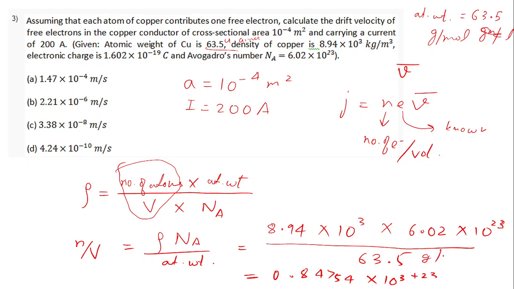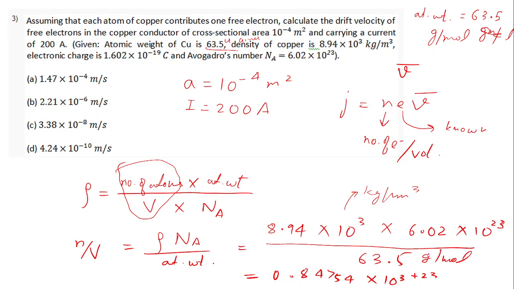And we know 1 mole has 6.02 times 10 to the power 23 atoms. Density is in kg per meter cube. So I need to convert this also in kg.